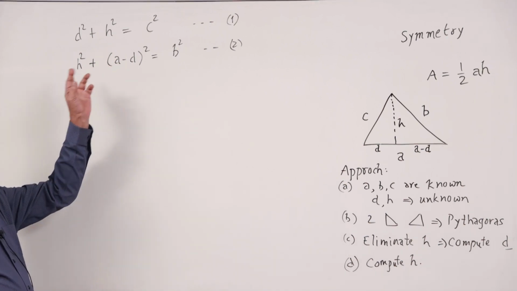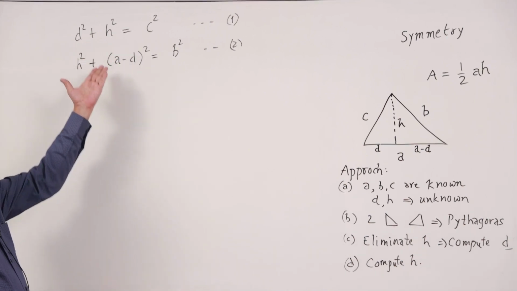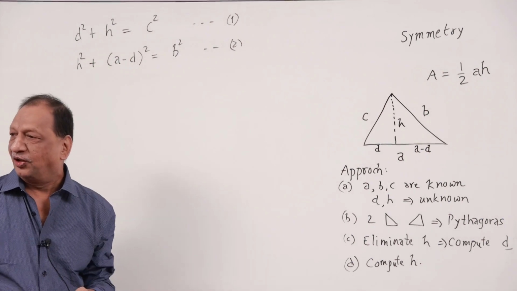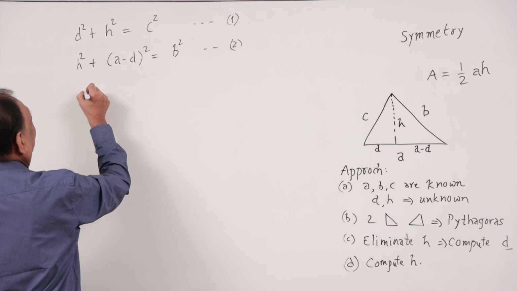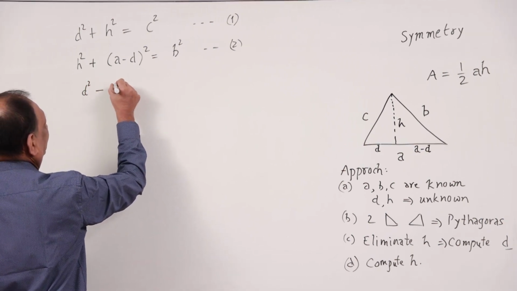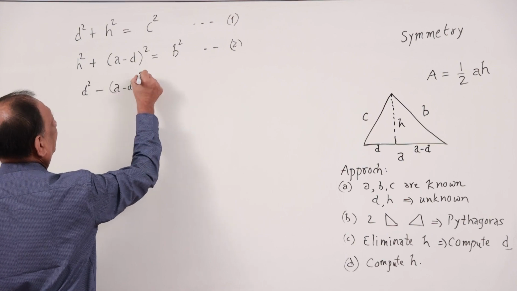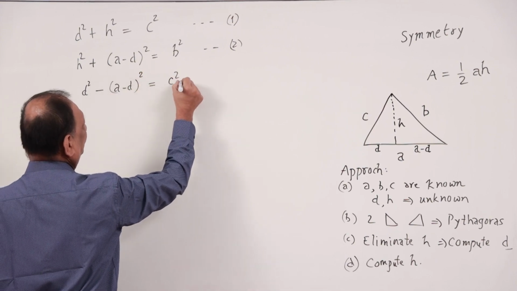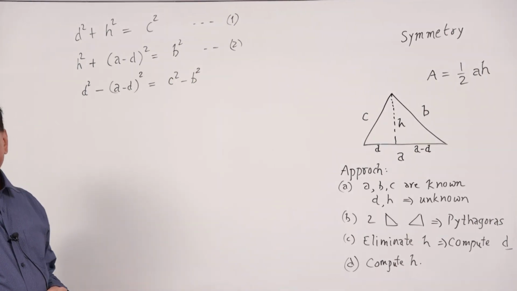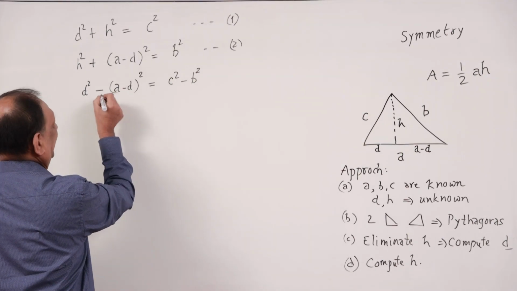How do you eliminate H from these 2 equations? Just do a subtraction. You have H squared there, H squared here, just subtract. Very simple operation. So you will get D squared minus (A minus D) whole squared equals C squared minus B squared. Correct? And we can expand this.